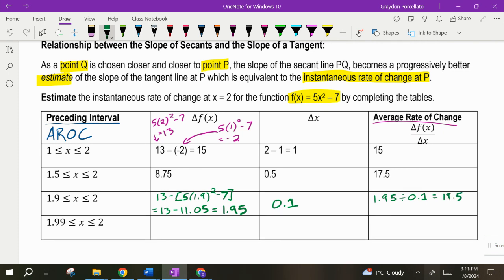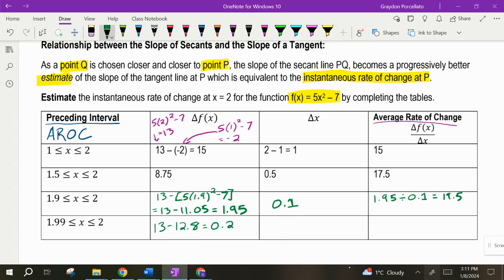Okay, now if I do this again, if I sub in 1.99 into my equation, this would be 13 minus 12.8, which is equal to 0.2.